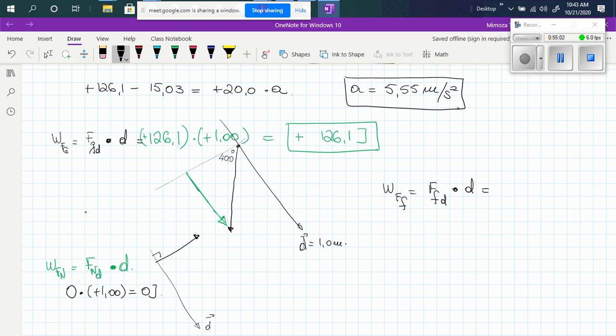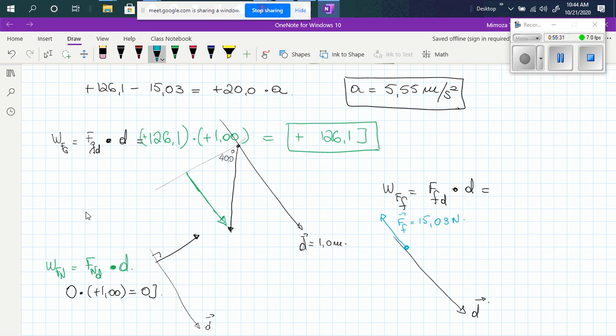We have an incline. The displacement is on this direction, while force of friction is on this direction with a magnitude of 15.03 newtons.